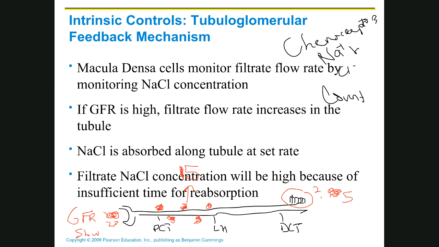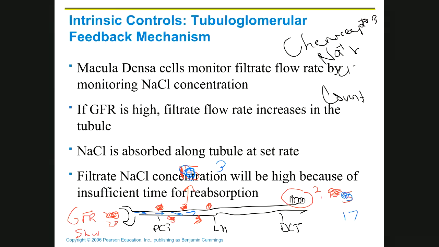But what if this fluid is moving really, really, really fast? They might not even have time to do 5. They might only have time to do 3. This number would go up to 17.